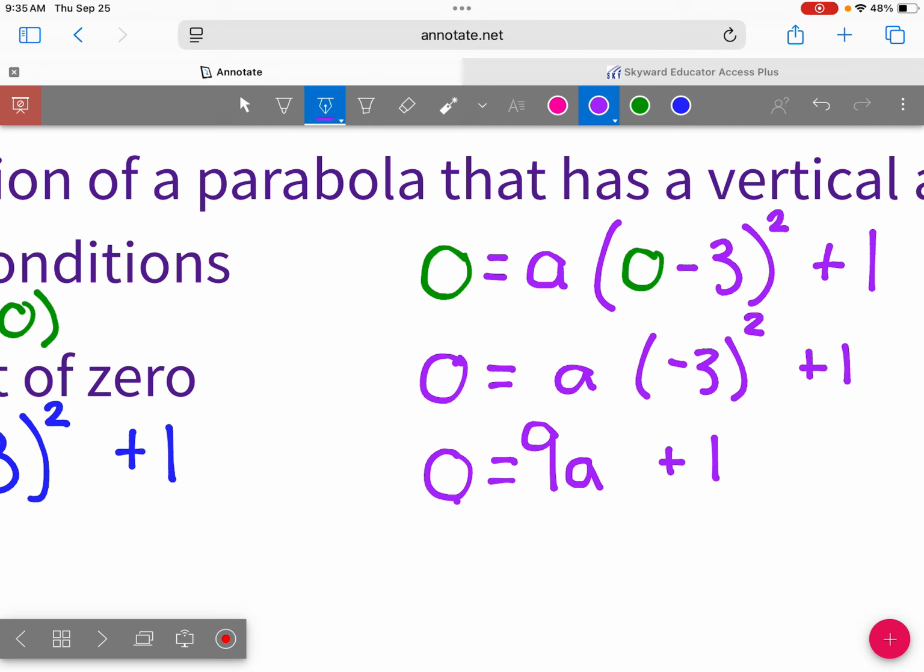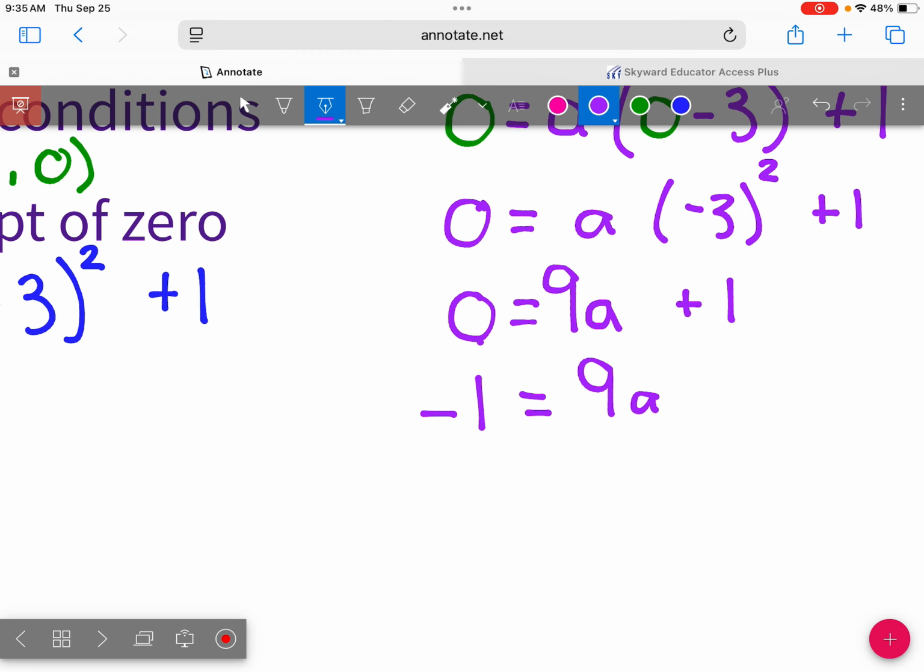So we get minus 1 equals 9a. So what does a equal? Negative 1/9 equals a.